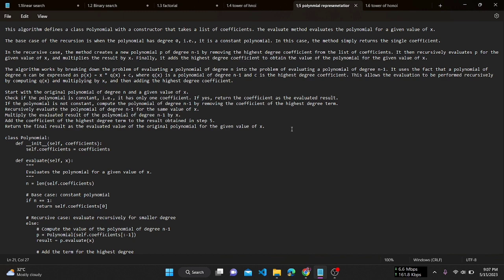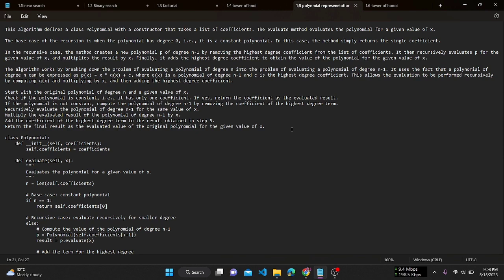Start with the original polynomial of degree n and a given value of x. Check if the polynomial is constant, for example, it has only one coefficient. If yes, return the coefficient as the evaluated result. If the polynomial is not constant, compute the polynomial of degree n minus 1 by removing the coefficient of the highest degree term.